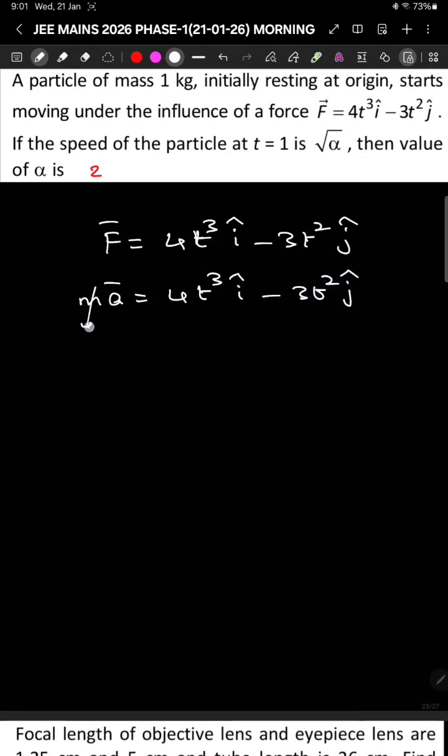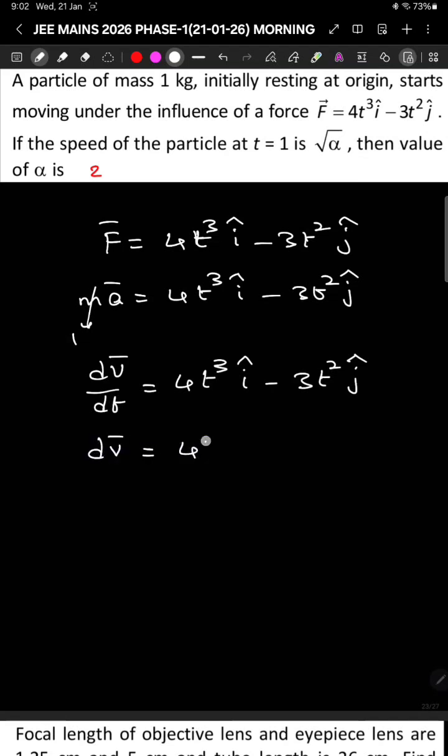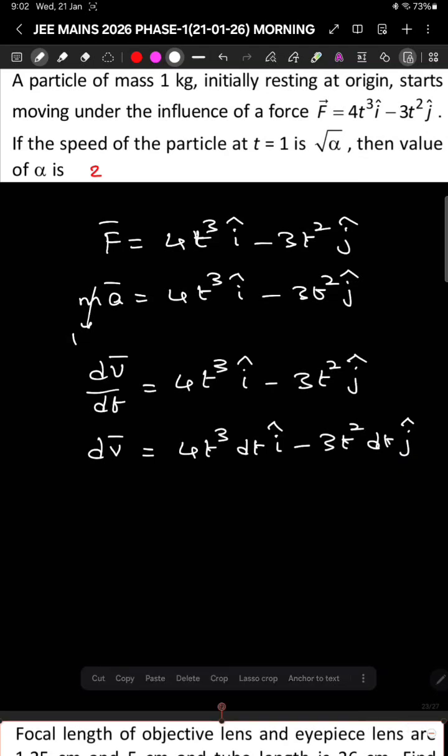So for velocity, dv bar equals 4t cube dt i cap minus 3t square dt j cap.